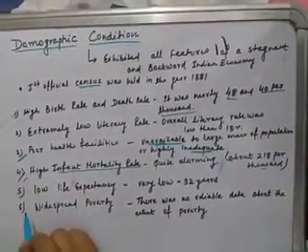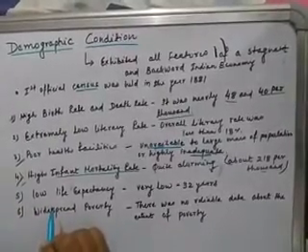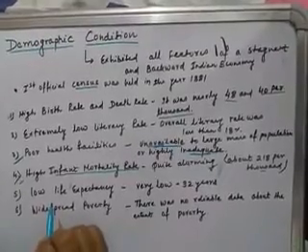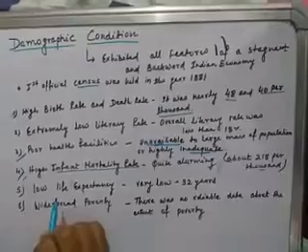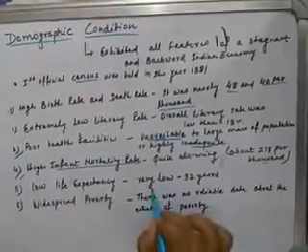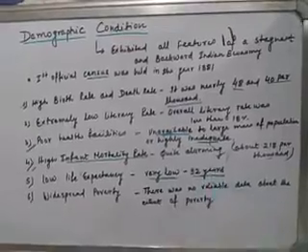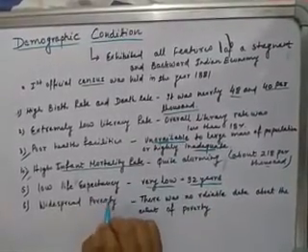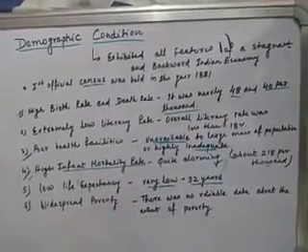What is life expectancy? Life expectancy refers to the average number of years for which people are expected to live. It was very low, merely 32 years at the time of independence.